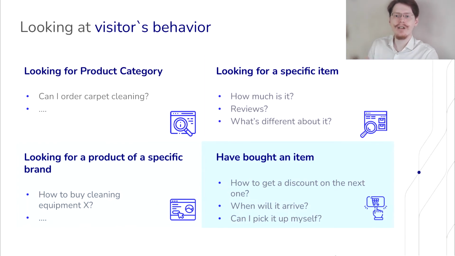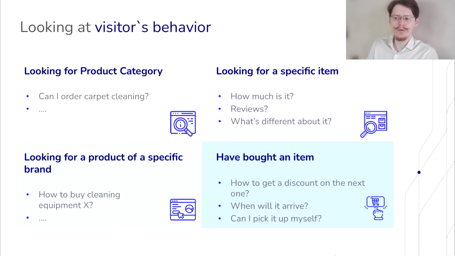It should be easy for the client to find what he wants. If he's looking for a specific item, then he can probably have additional questions. For example, how much does it cost? Are there any reviews? What's the difference about it? It is something you need to add.